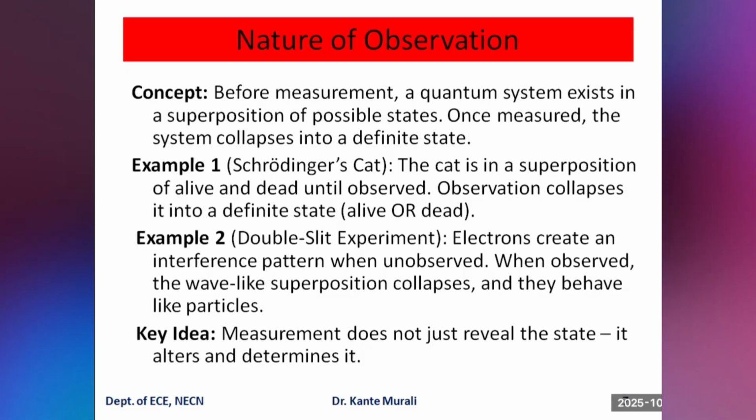That means observation collapses it into a definite state, alive or dead. Similarly, in the double slit experiment, electrons form an interference pattern when unobserved, but act like particles when you measure them. That means the observation defines the outcome. The key idea is that measurement does not just reveal the state, it alters it.